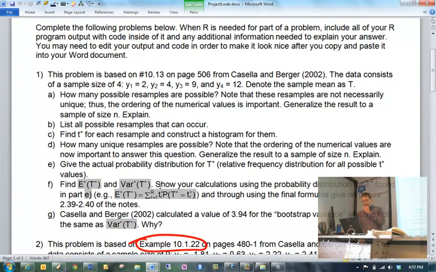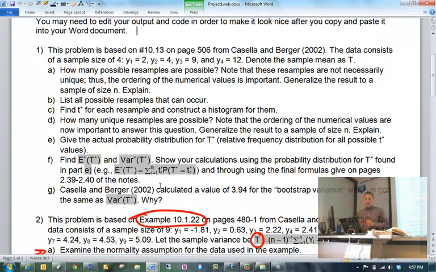So let's briefly go through the problems that we have not done yet. Problem number 1 is modified from the cell inverter, motivated by the cell inverter. And there's our very, very small data set.